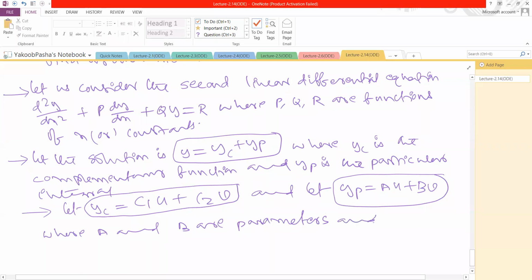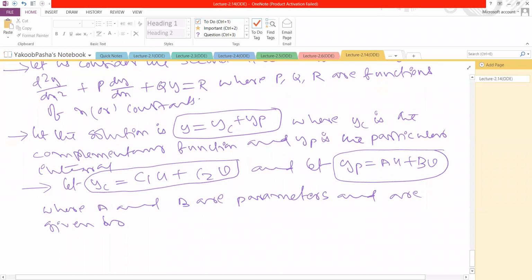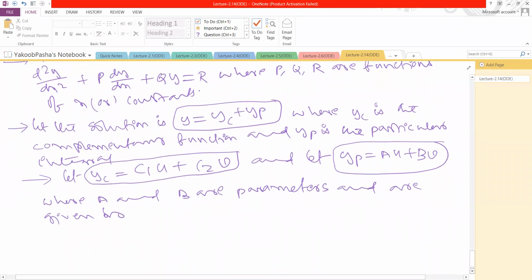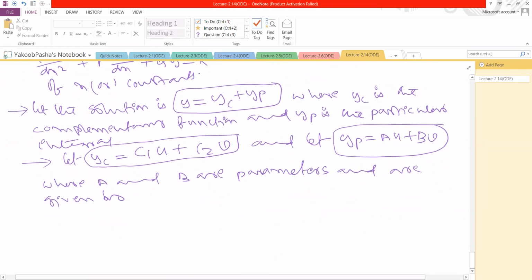and are given by two formulas. For A we have one formula, and for B another. The parameters are functions of x also. So here capital A is equal to minus integral of v r divided by u v dash minus v u dash into dx.